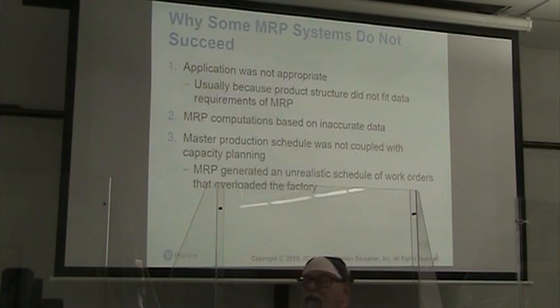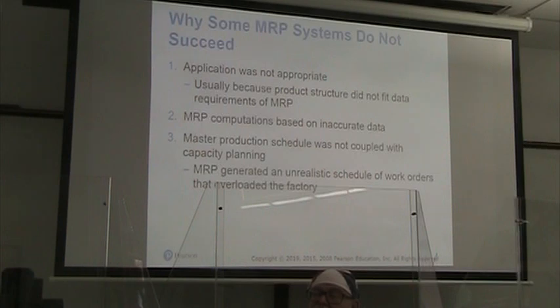All right, so for some though, an MRP system does not work. Why would that be? Well, one reason might be that the application wasn't appropriate to the situation. The product structure may not fit the data requirements of the MRP. Our MRP computations could be based on inaccurate data.